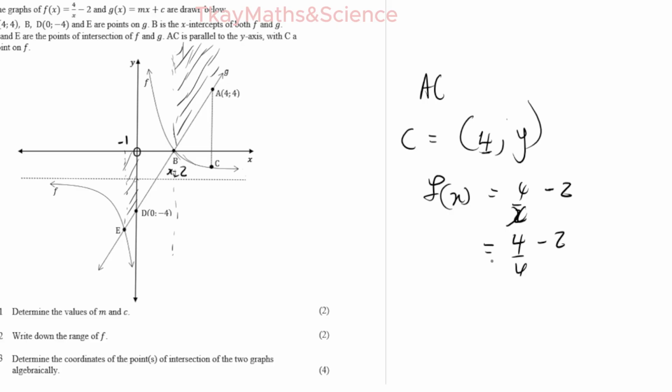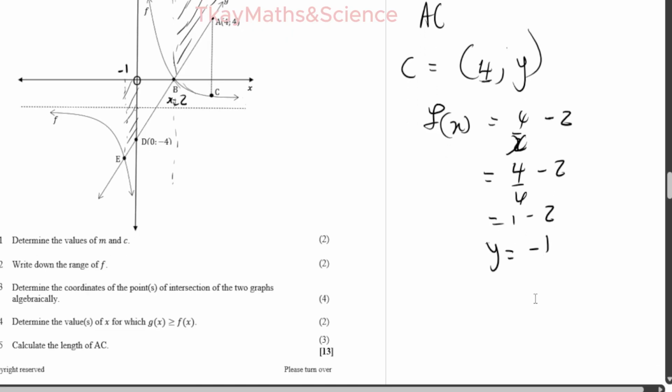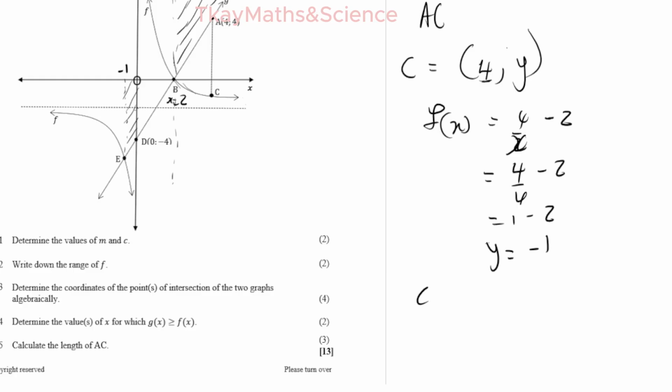So what is our y value here? 4 over 4 is 1, minus 2. So our y value is minus 1. So the coordinates at C are 4 and minus 1.